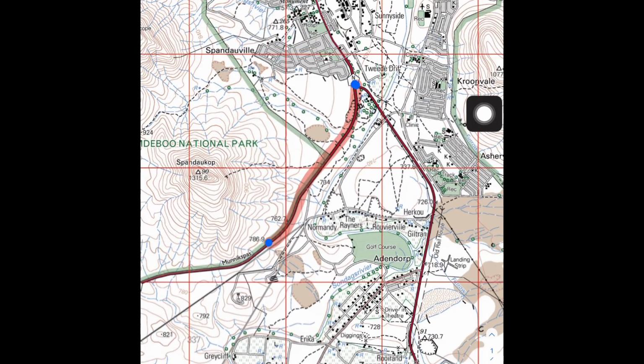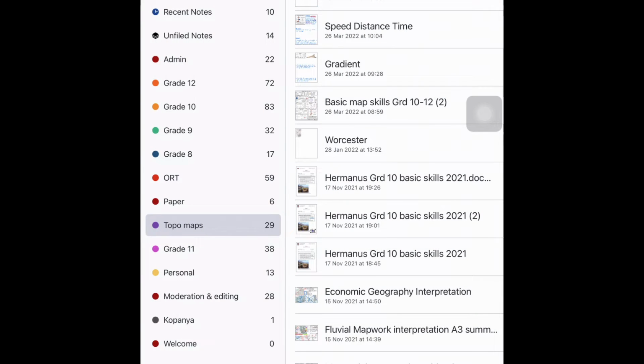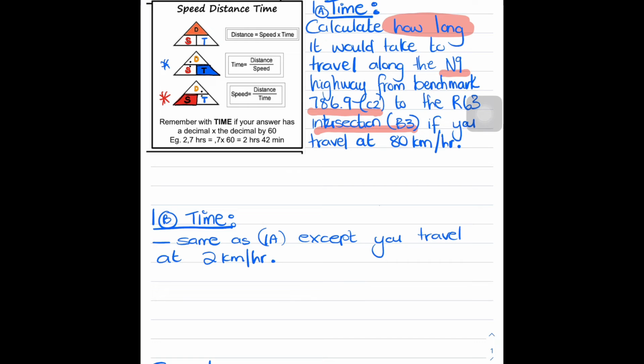And we obviously know that it's an arterial route because there's the R63 and it intersects with that highway. So we are looking at that distance between those two points. And when we calculated it originally in the distance video, we calculated that the route was a 3 kilometer route. So we've got our distance.